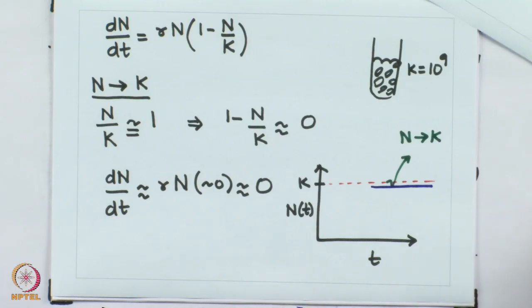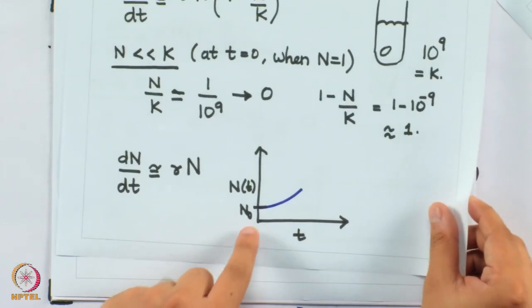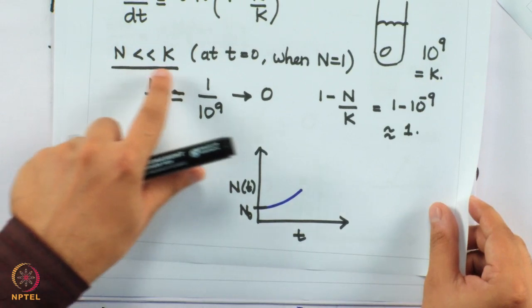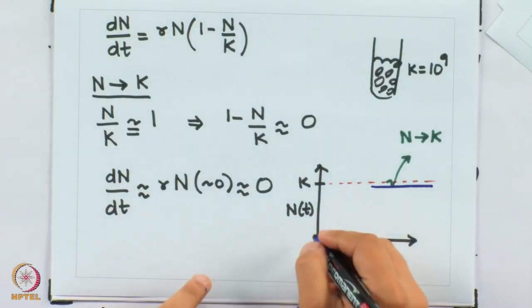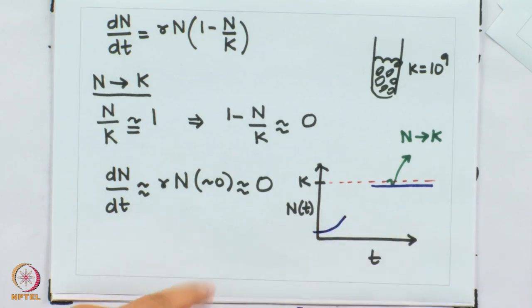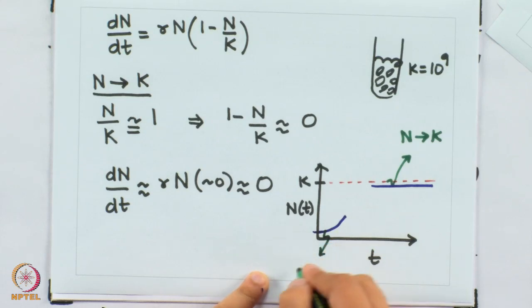From the previous slide, we saw that this is my profile when N is much less than K. I am going to plot that here. This is the profile that we derived when N is much less than K from the previous slide.